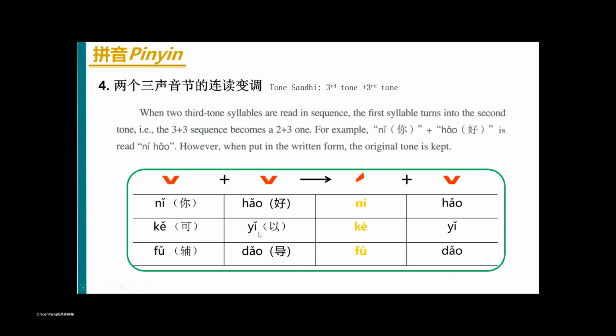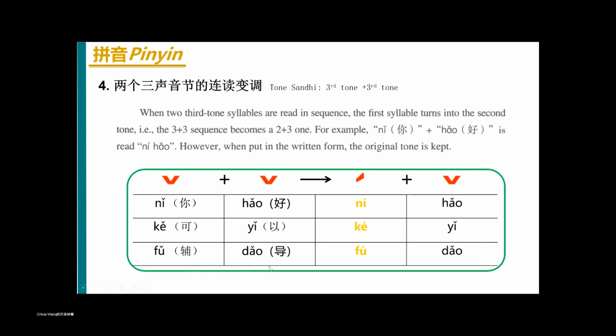For each character, it sounds like kě, yǐ. And together, the first one changes into the second tone. So together it sounds like kéyǐ. And this one, separately, it sounds like fǔdǎo.